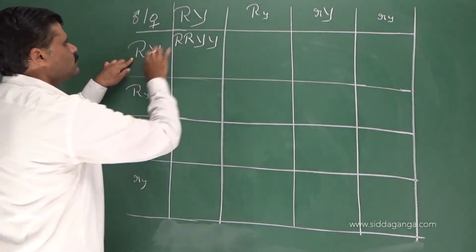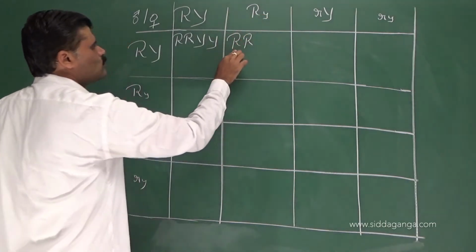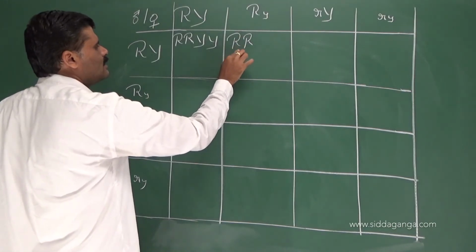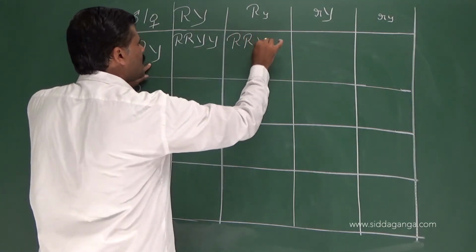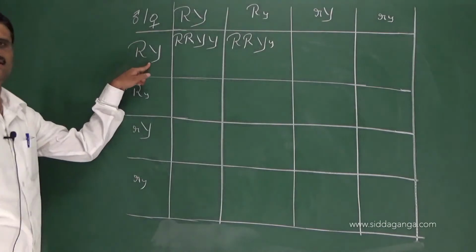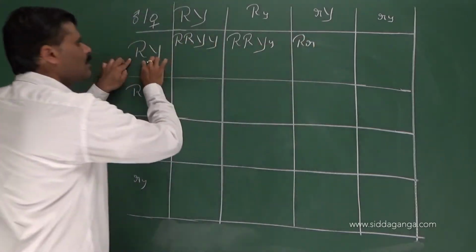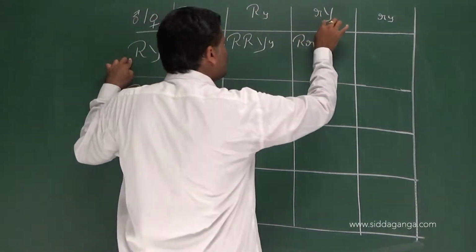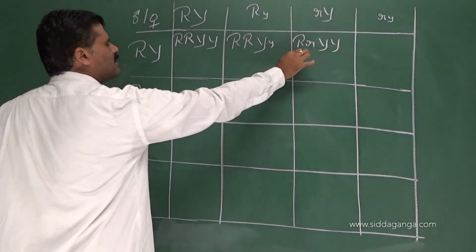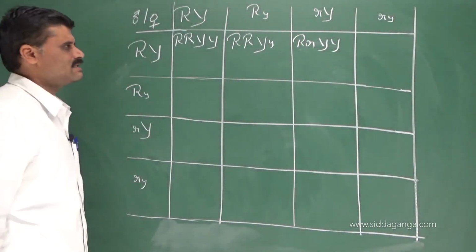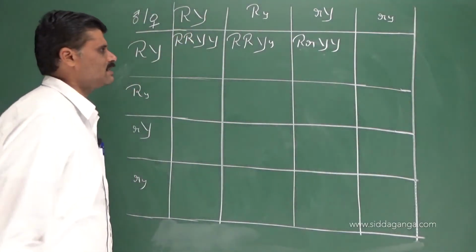capital Y. So, we go on fusing: capital R, capital R, paired chromosomes, homologous chromosomes for a character. Here there is a homozygous condition, capital R, but here there is a heterozygous condition, capital Y, small y, right? Next, capital R, small r, capital R, small r, capital Y, capital Y, capital Y. For shape the paired genes are heterozygous, whereas for color the paired genes are homozygous.